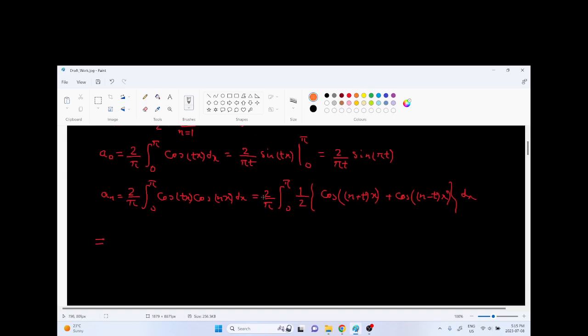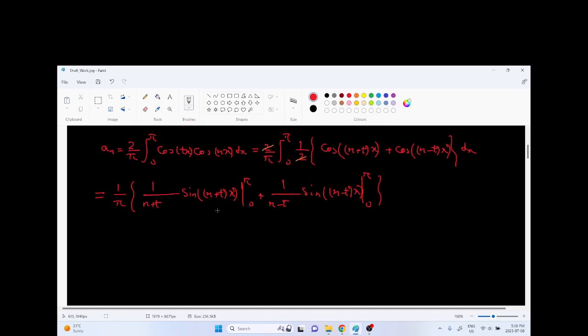So these twos cancel out, and we get 1 over pi times 1 over n plus t times sine of n plus t x evaluated from 0 to pi plus 1 over n minus t sine of n minus t x also evaluated from 0 to pi.